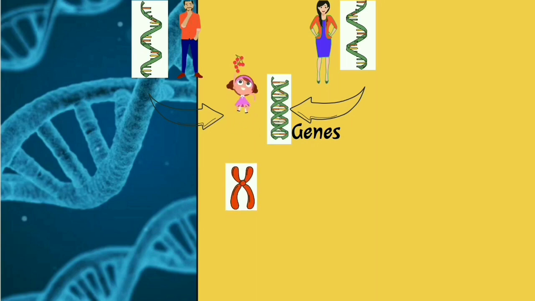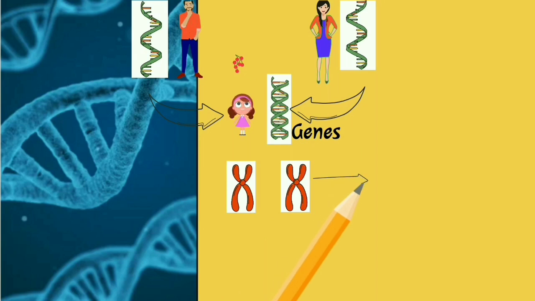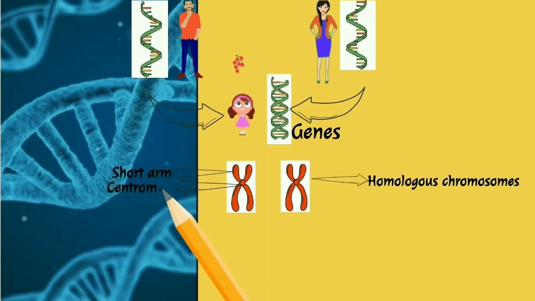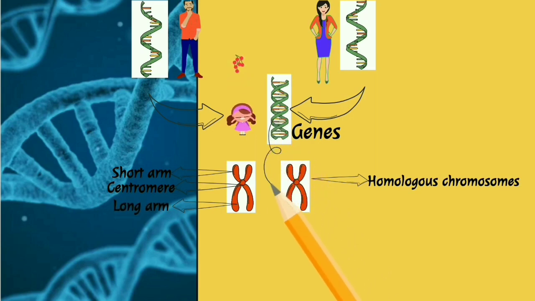As mentioned earlier, the homologous chromosomes have the same lengths of short and long arms, and also the same centromere positions. On the genes, we have the multiple alleles. The specific address of a gene is called the locus.